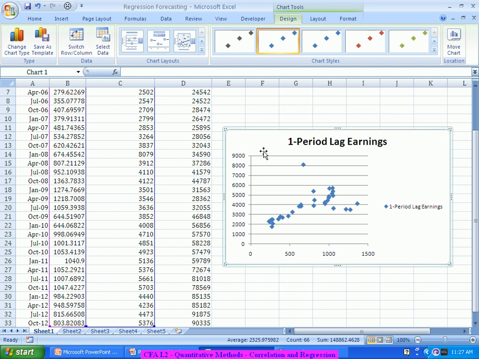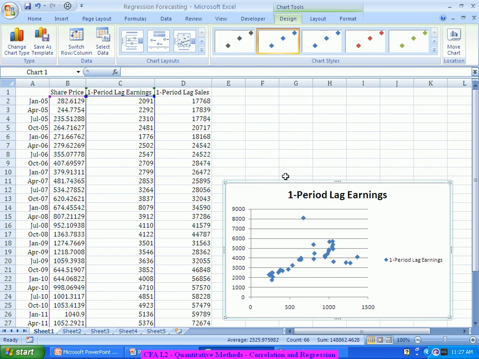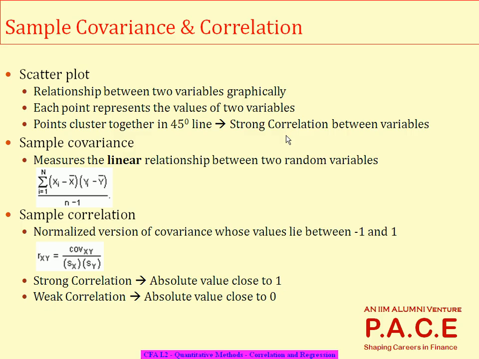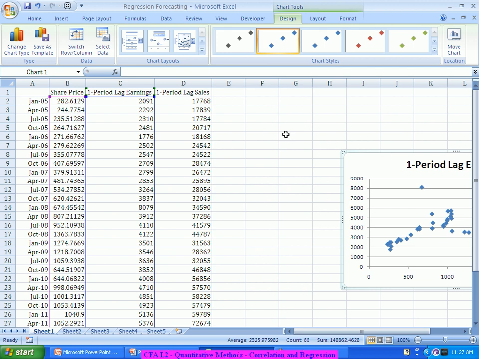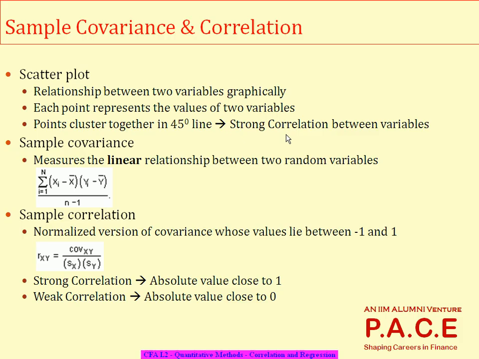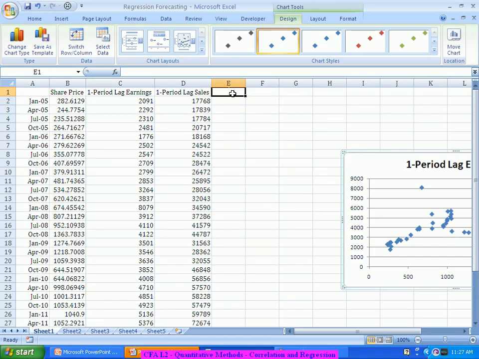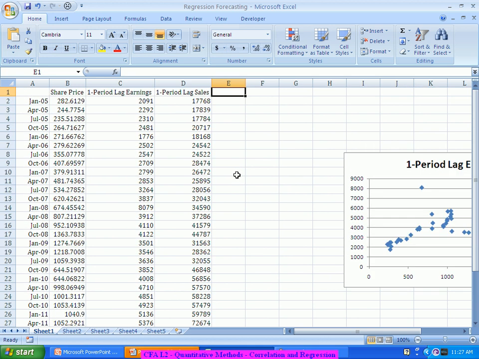So here also on this data, n minus 1 is for a sample, and in most cases in the real world we work only on samples. That's where we'll have n minus 1 for finding out the correlation or covariance.